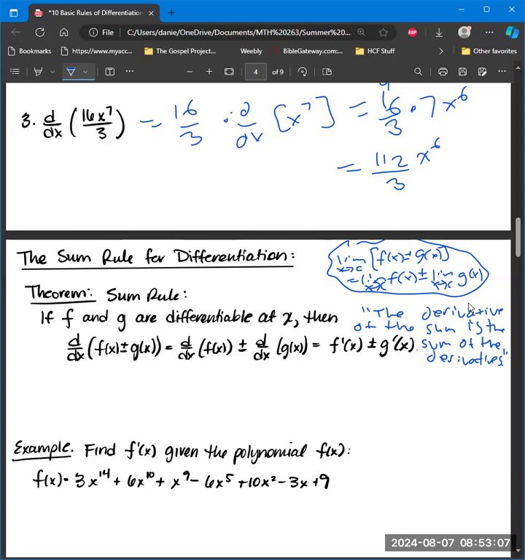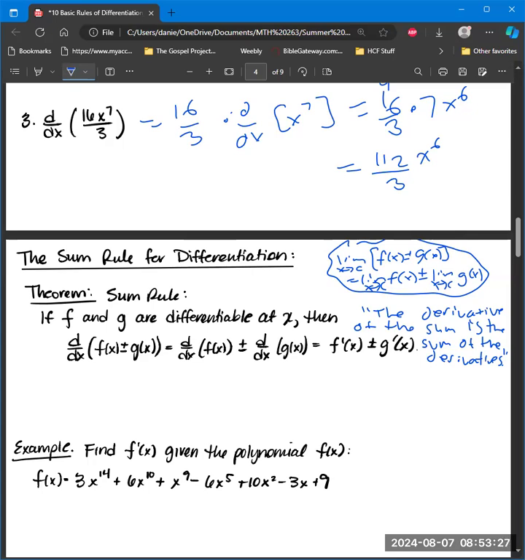So as we would expect from this limit operator, the derivative operator can kind of, quote, distribute over the sum or difference. And we get that the derivative of f of x plus g of x is equal to the derivative of f of x plus the derivative of g of x, which is equal to f prime of x plus g prime of x.